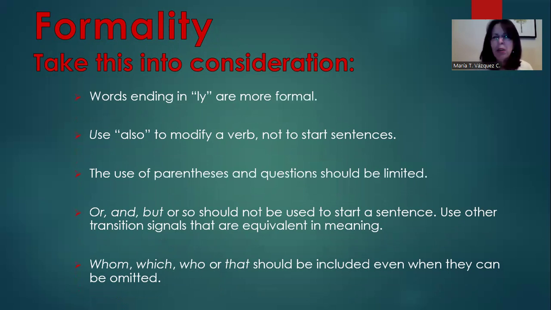For example, in expressions like in an appropriate way, use the adverb appropriately. And it also helps with conciseness, which we will see later. It's typical to see in students' essays sentences starting with also. No. Include also after the subject.